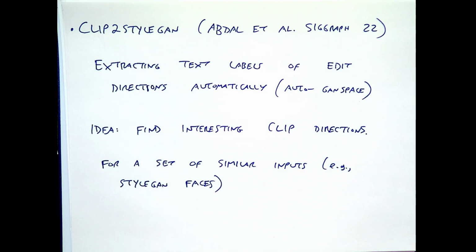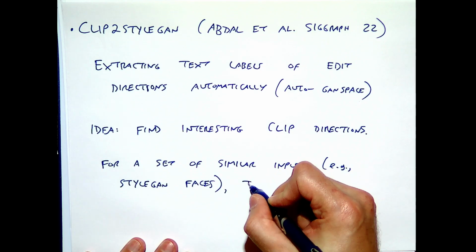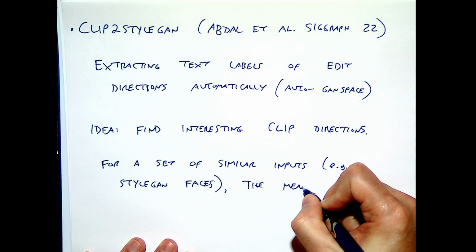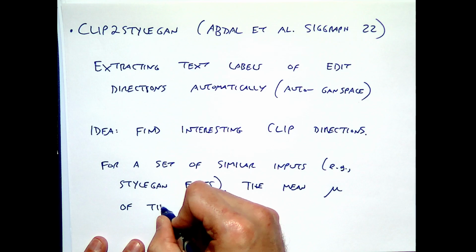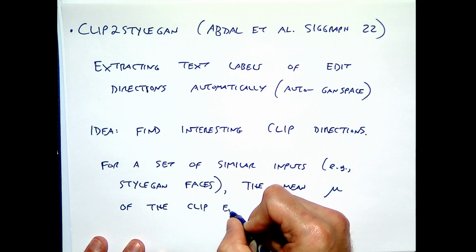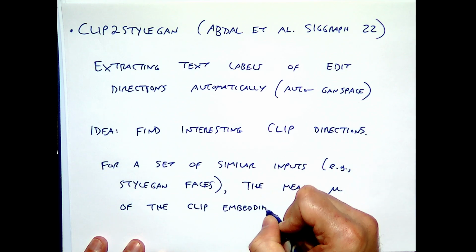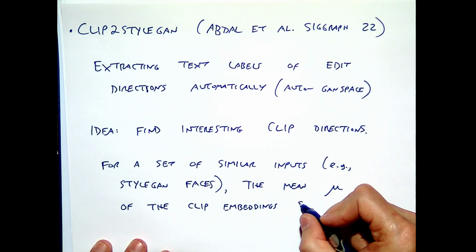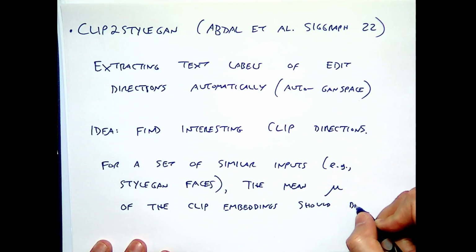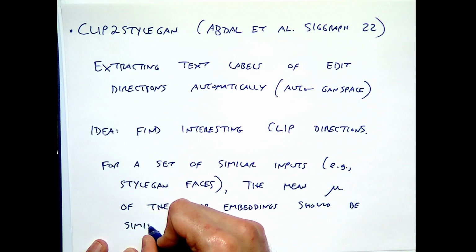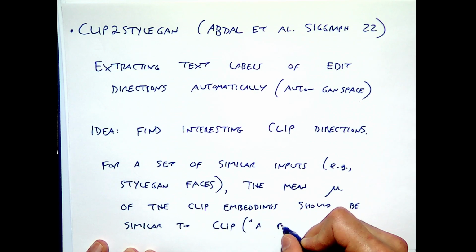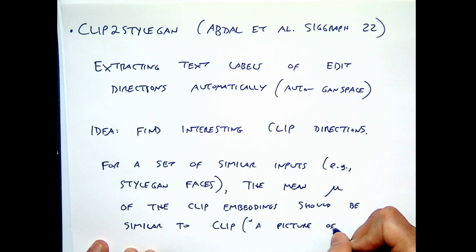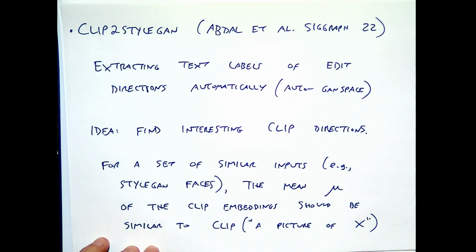So to write that down more specifically, the mean mu of the CLIP embeddings should be similar to the CLIP embedding of the phrase "a picture of X," where X is the generic description of all the stuff you put in, right?